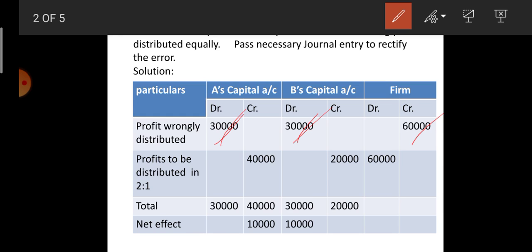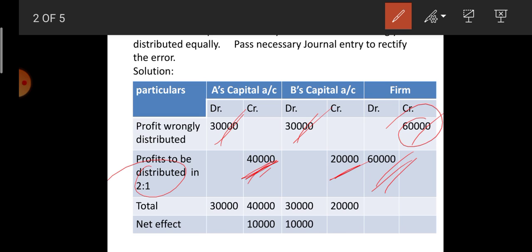Now see, there is no other omission or error. So whatever mistake was there, now we have to correct that. That is, this 60,000 now will be distributed in the ratio of 2:1. So when we divide 60,000 in the ratio of 2:1, it will be 40,000 and 20,000. Now we have to give it to the partners, so we will be crediting them.